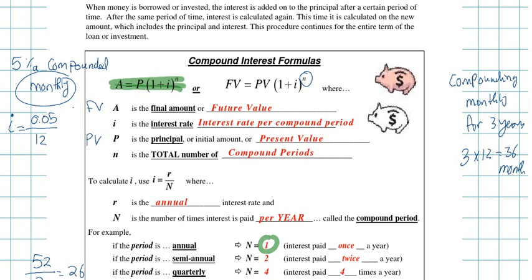Now, if the question already gives it to you in months, you don't have to do anything for that portion, because it's already given to you in months. Why would you have to bother? The units here are what's important.